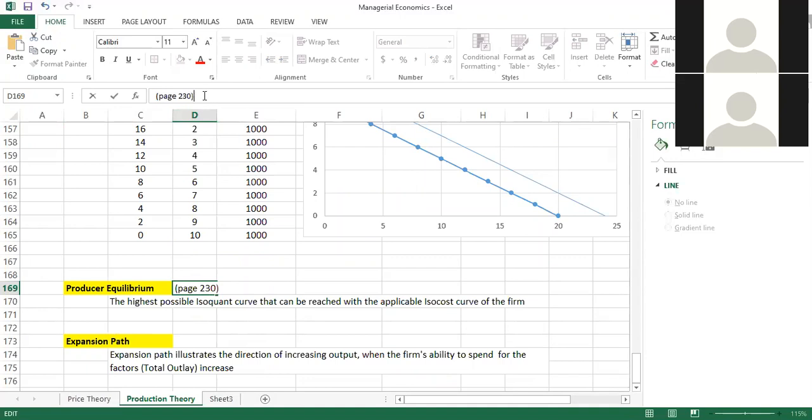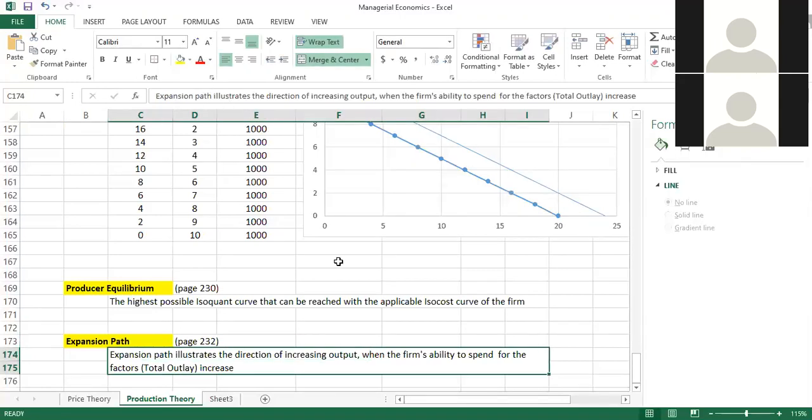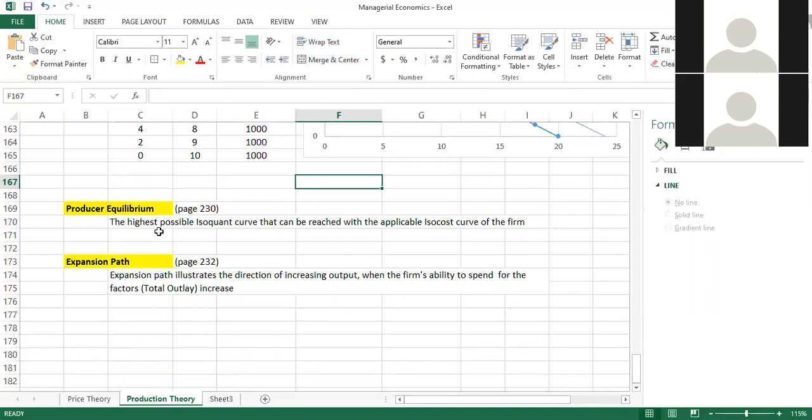And the graph for the expansion path is given in page number 232.